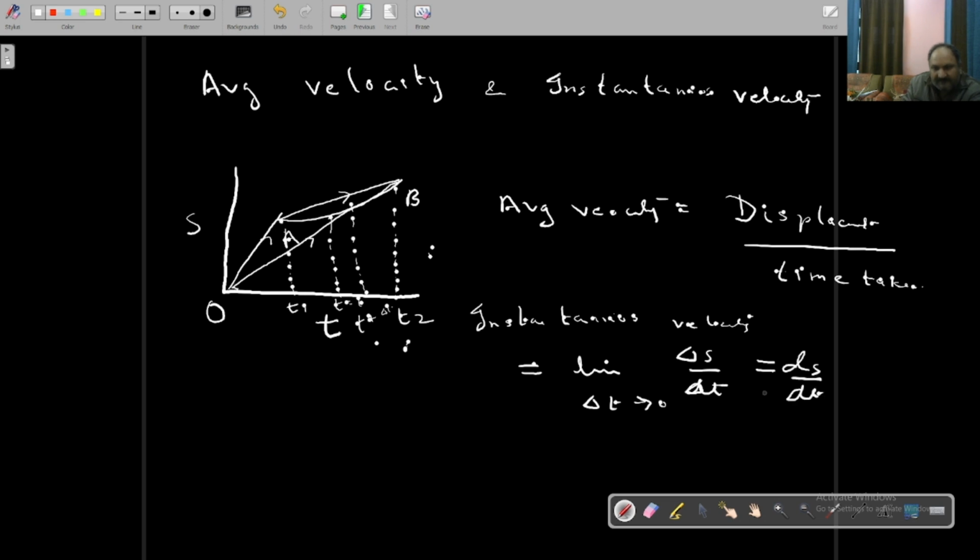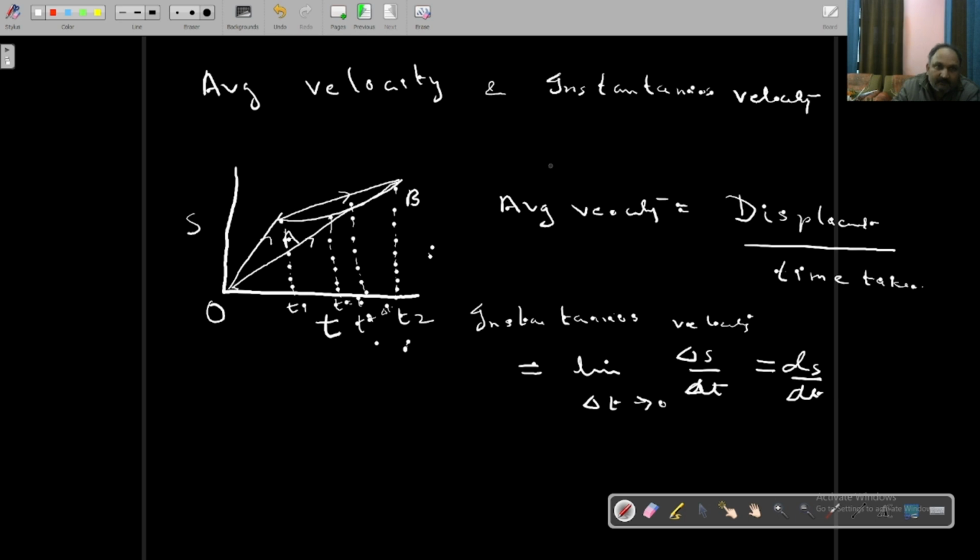The rate of change of displacement with respect to time is called velocity. So we have learned average speed, instantaneous speed, average velocity, and instantaneous velocity. ds by dt is also referred to as the slope of the curve.